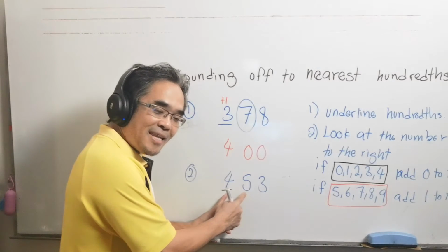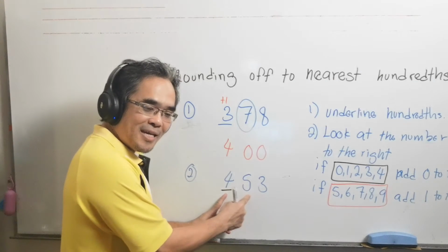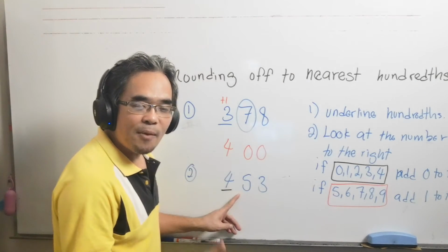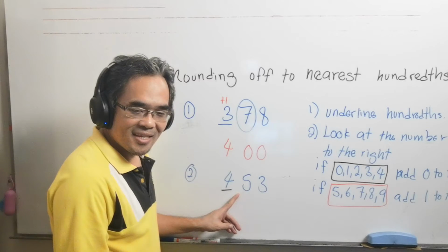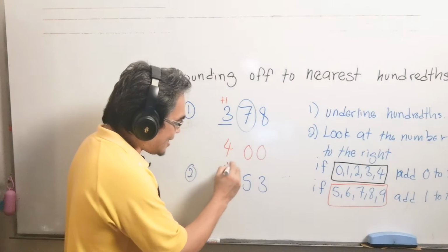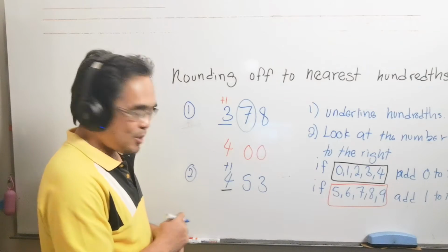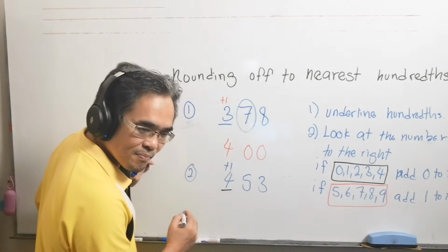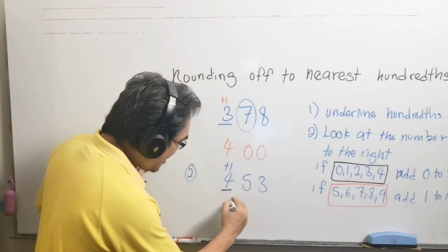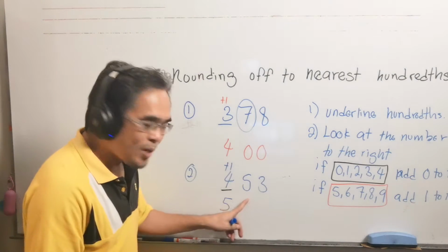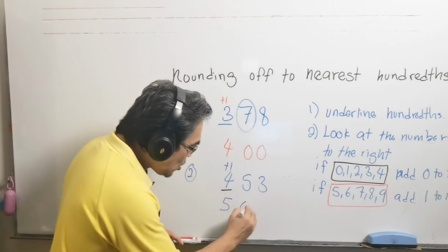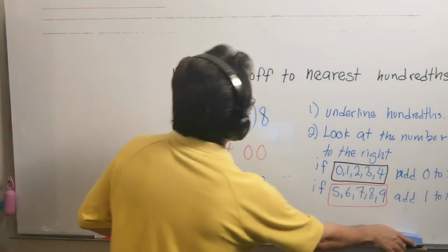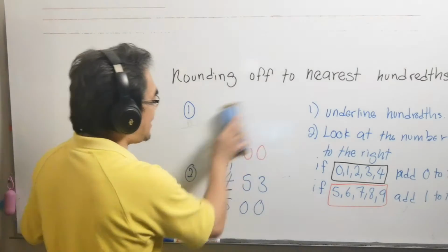You look at the number on the right, not this number. You look at here. Is this number you can add with 1? So 1 plus 4 is 5. So what do we do with the two numbers at the back? 0, 0. Okay, you almost got it, but you are not there yet. Okay?